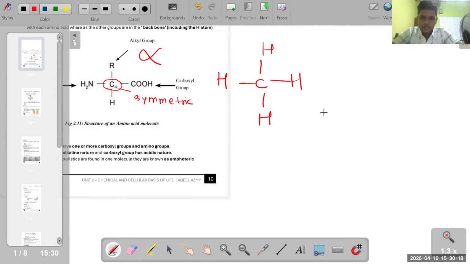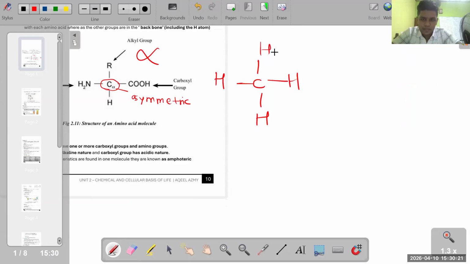Okay. So now tell me, does methane have an asymmetric carbon? Yes or no? Check and let me know. Just check this diagram.